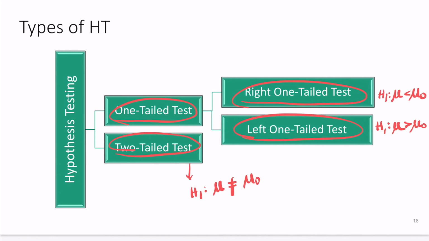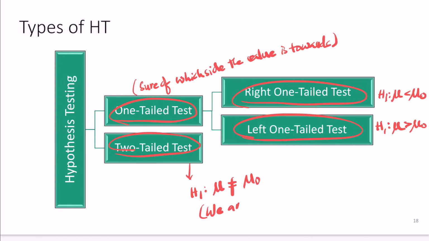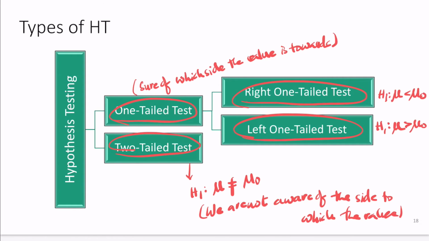Here, in a one-tailed test, we are sure of which side the value is towards, right? So we know exactly which side the value is towards. In a two-tailed test, we are not aware of the side to which the value is, and we consider both sides to be the same, which means that it is not equal to mu naught.